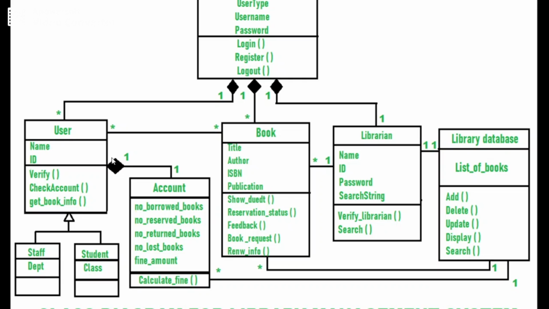Now, can you see this one, diamond shape? What type of relationship is it? Aggregation. Yeah, correct. It's aggregation. It means this user is composed of account classes. What is the data stored in this account class?